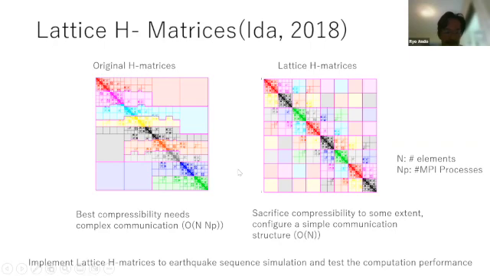While the original H-matrices have complex communication of the order of n times NP, where NP is the number of MPI processes, lattice H-matrices reduce it to the order of just n.